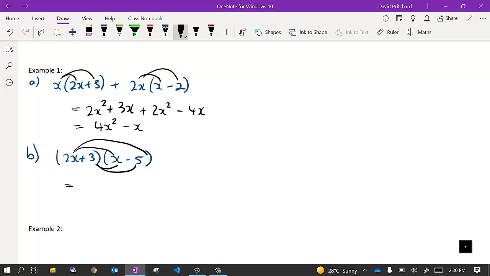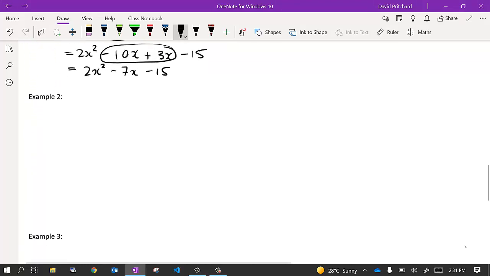And we get 2x squared, take 10x, so make sure you take into account that 2x by negative 5, plus 3x, and then 3 by negative 5 is negative 15. So we've got 2x squared, these two are like terms, so we end up with negative 7x, take 15.